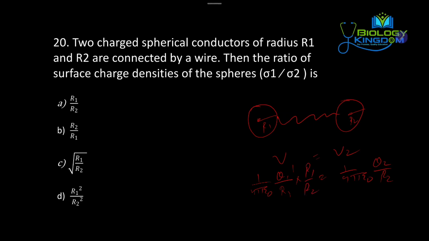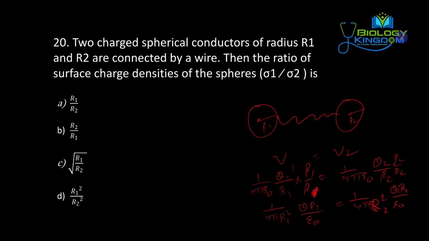Now if I multiply and divide both sides by R1 and R2 respectively, this becomes 1 by 4 pi R1 square Q1 R1 by epsilon naught, and similarly 1 by 4 pi R2 square Q2 R2 by epsilon naught.